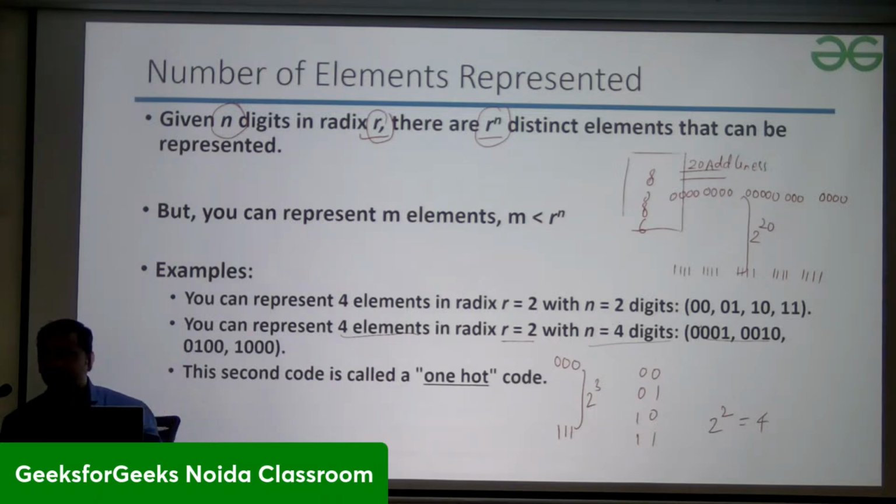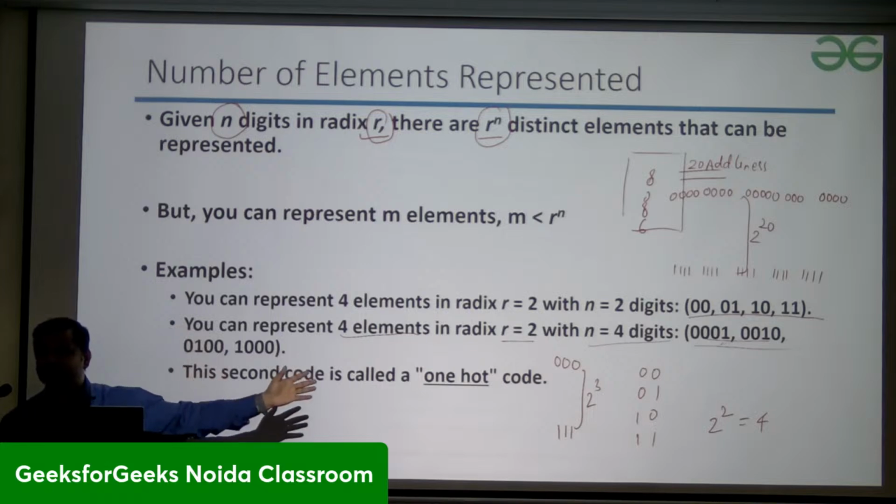Base 2 in 2 digits is represented like this, base 2 in 4 digits like this, base 2 in 6 digits can also be represented. So how many values of useful information can be represented in base 2? Only 4: 0, 1, 2, 3. That's it. The rest of the information is don't care, because every time you are just appending a number of zeros.